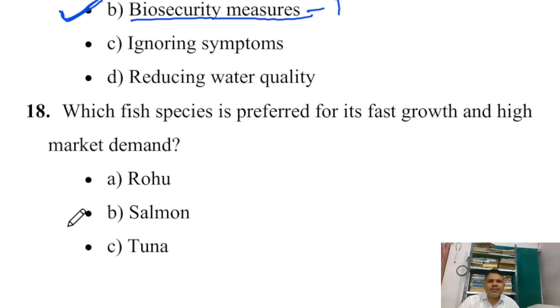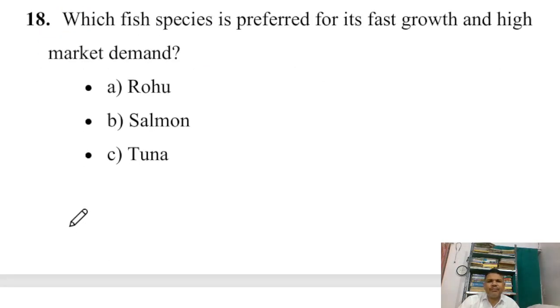Question number 18. Which fish species is preferred for its fast growth and high market demand? Now we have to select the fish among the given options. Among the fish given in this question, rohu has a very good growth rate in comparison to salmon, tuna and goldfish.